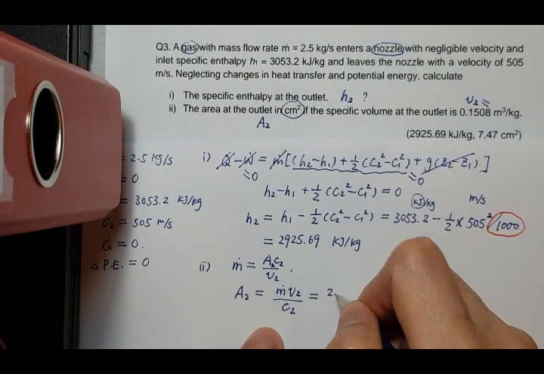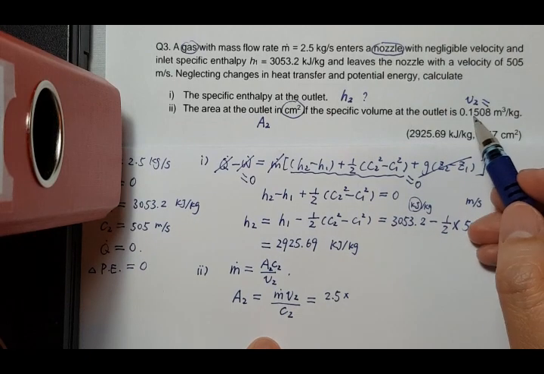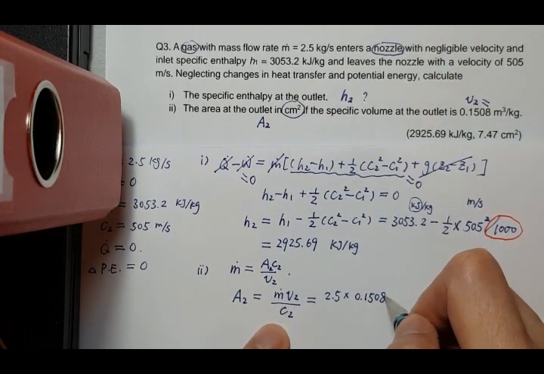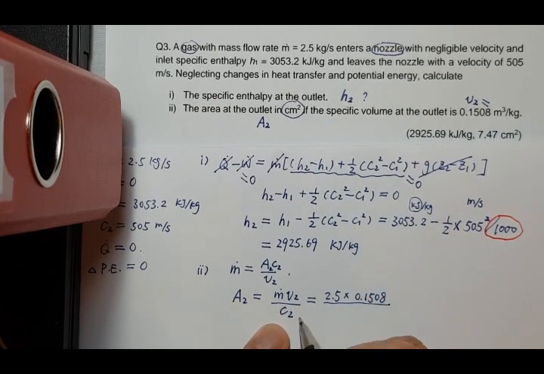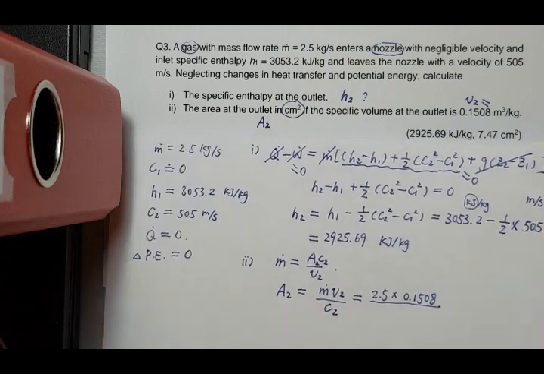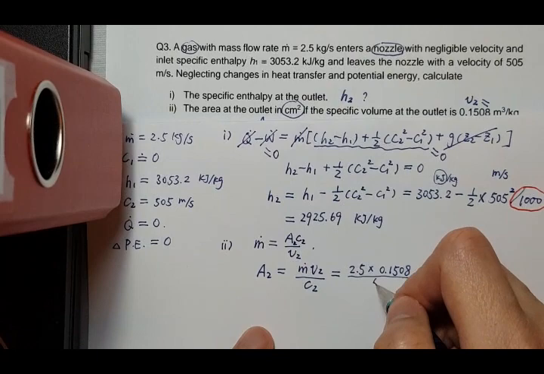So that's 2.5 times V2. Okay, so V2 has been given here. So both of these are in SI base unit already. C2 is the velocity at the outlet. We have it here. Okay, 505.